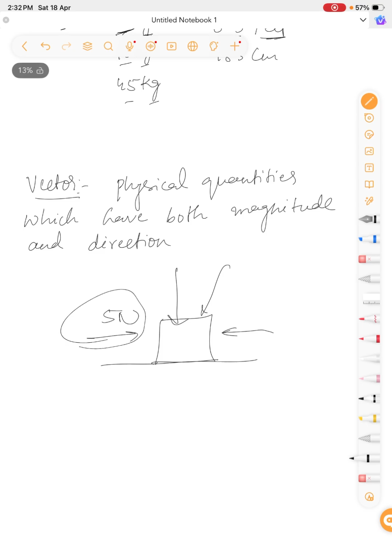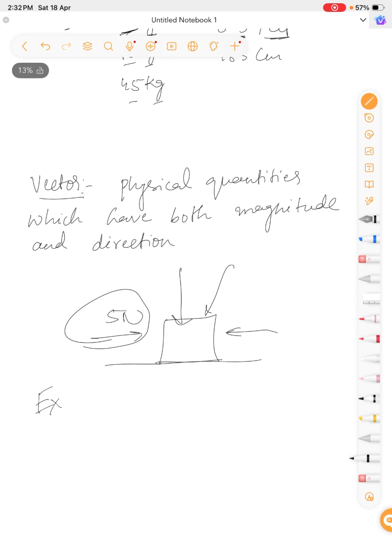If we apply force on the right side, we have to represent that it is acting on the right side. In the vectors chapter, we will learn how to represent physical quantities with both magnitude and direction.